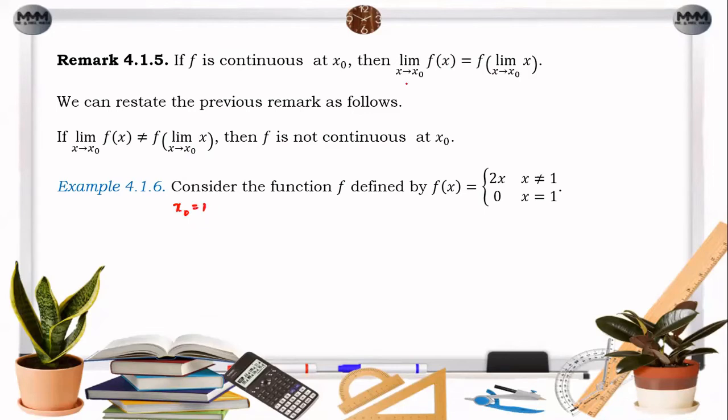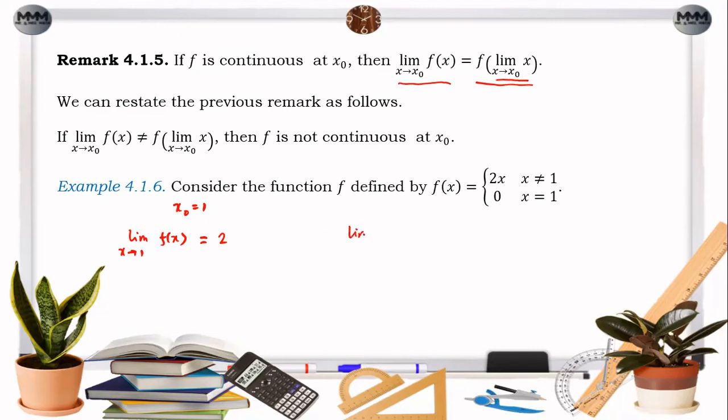Now, we will show first this one. So we have the limit of f of x as x approaches 1 is, of course, equal to 2. So we're done with this already. Now, let's have this one. But first, we will be looking at the limit of x as x approaches 1.